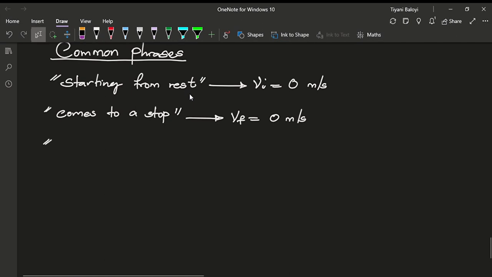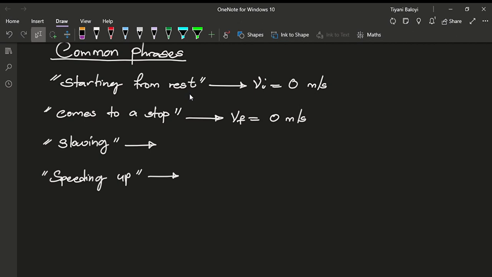And then the third phrase is slowing down. We've already looked at slowing down in part 1, and let's also take this with speeding up, right?